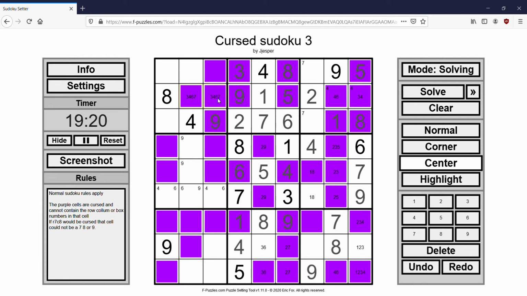We know 4 can't be in either of these. It's in the box. This is in column 3. Now we have not quite enough information.